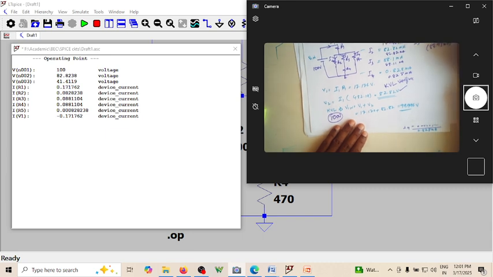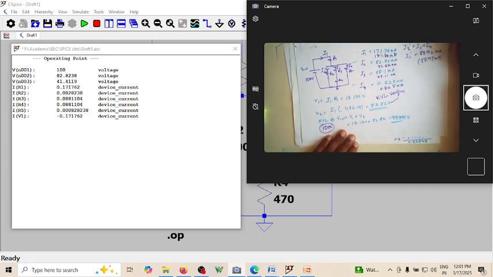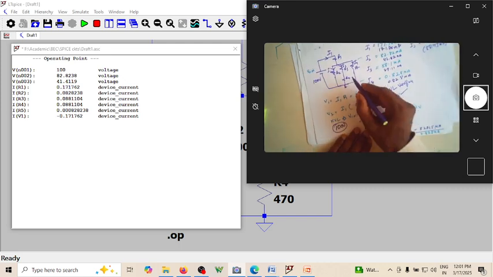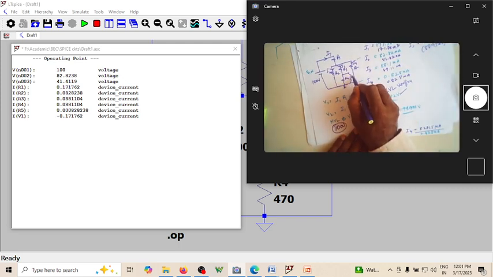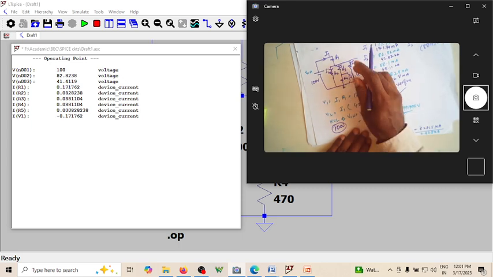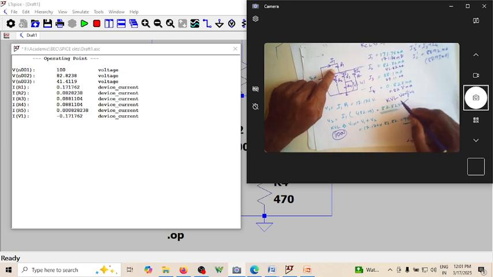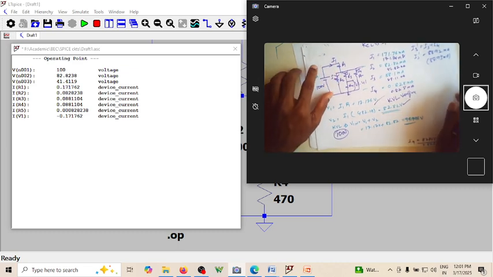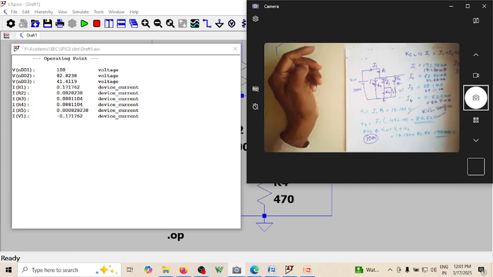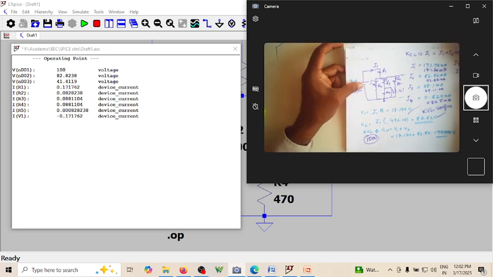If you want to know what this other voltage is, this 41.44 is actually this voltage. So whatever 82 you have is equally divided between these two. 100 minus 82 is 17.16. This way we can easily verify Kirchhoff's voltage law and current law.